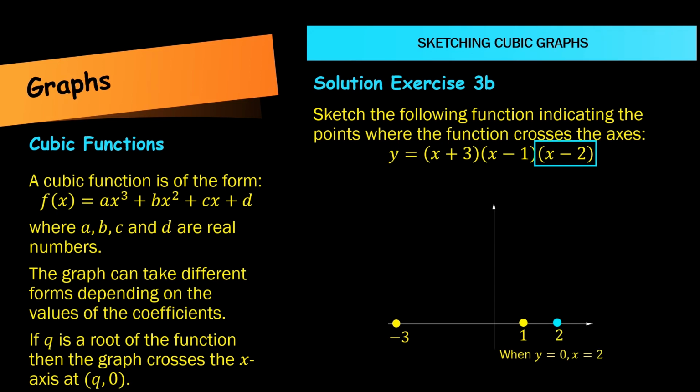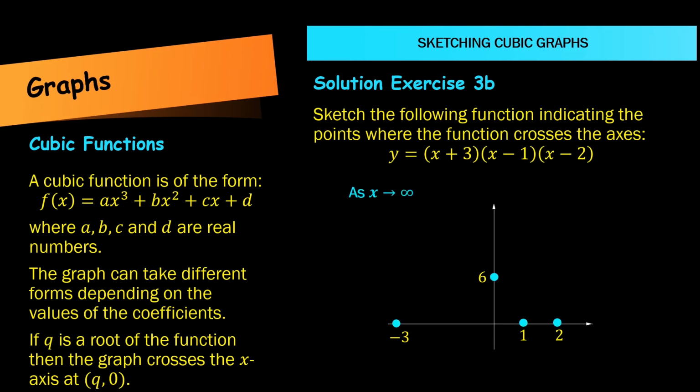So these are the points at which the function crosses the x-axis. When x equals 0, we can plug x equal to 0 into this equation and obtain y equals 6. So this is the place where the function crosses the y-axis, as shown.